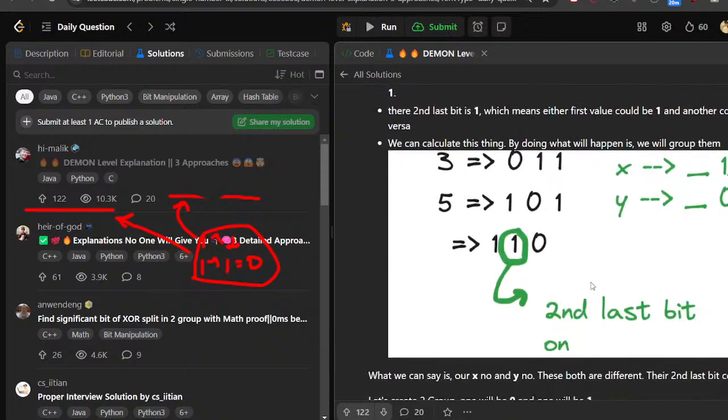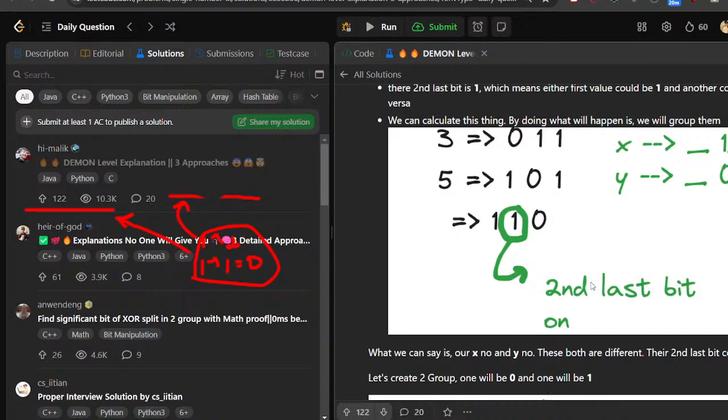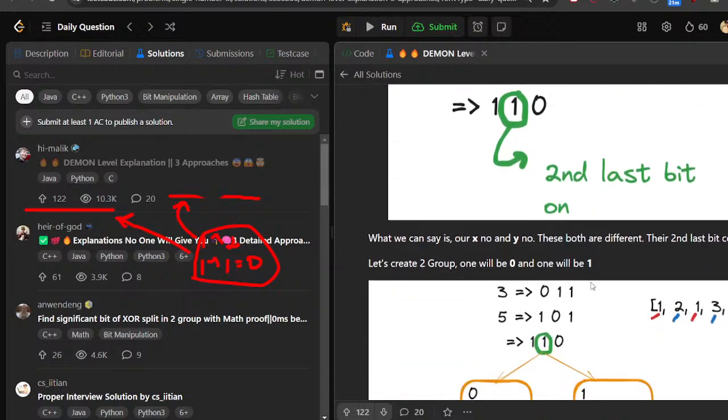We calculate this by grouping them. Okay.